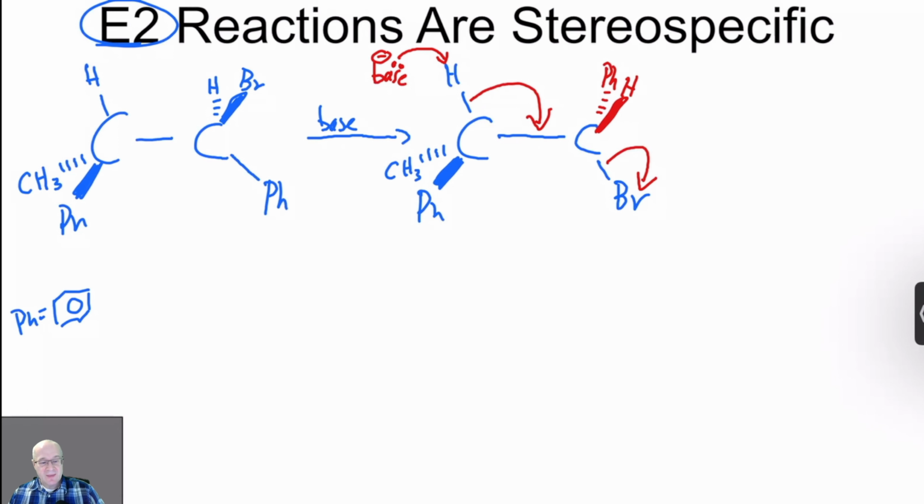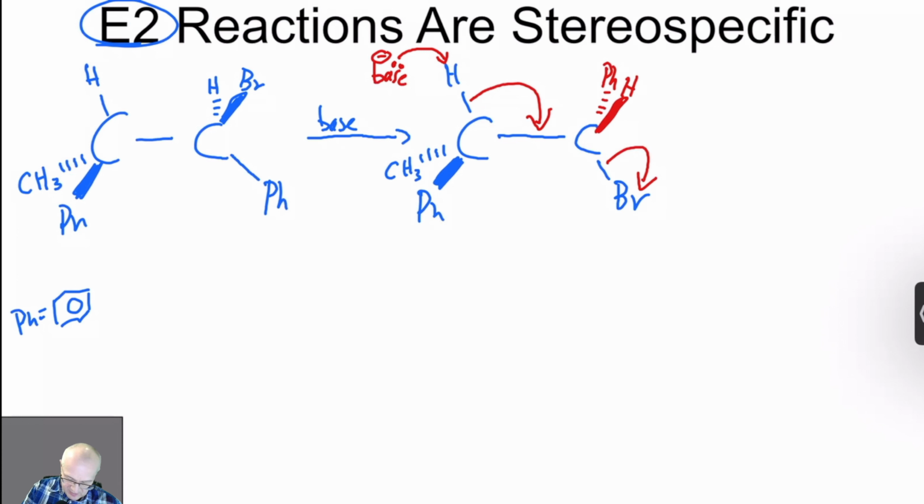Now, the fact that it has to be anticoplanar dictates the stereochemistry. So now, you will see that the phenyl ring on the left carbon and the hydrogen on the right carbon are both facing towards us. They're both facing towards us. That means they're on the same side.